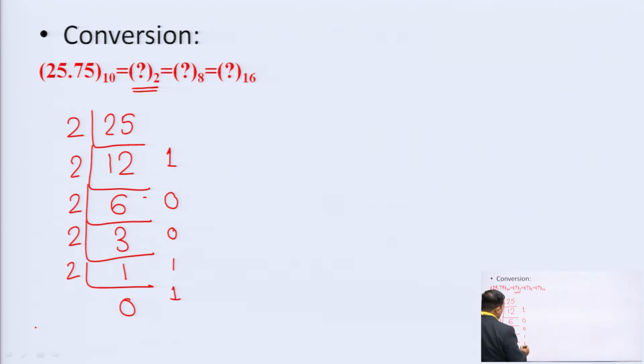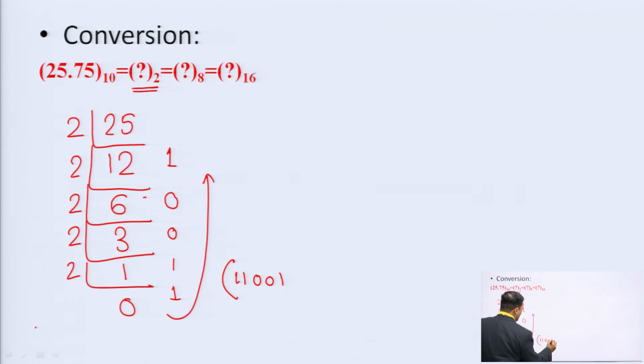Now we will write it in reverse order. So, 25 will be written in binary as 11001, right. So, the integer part is done.